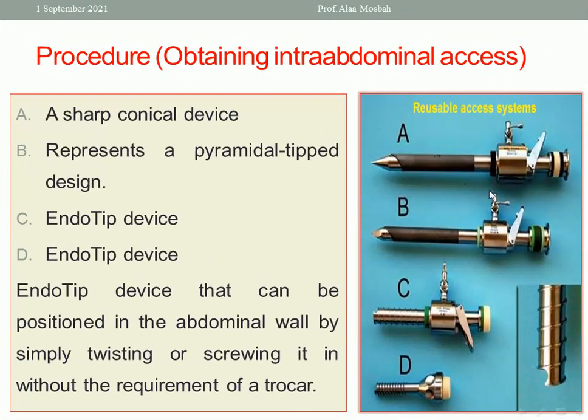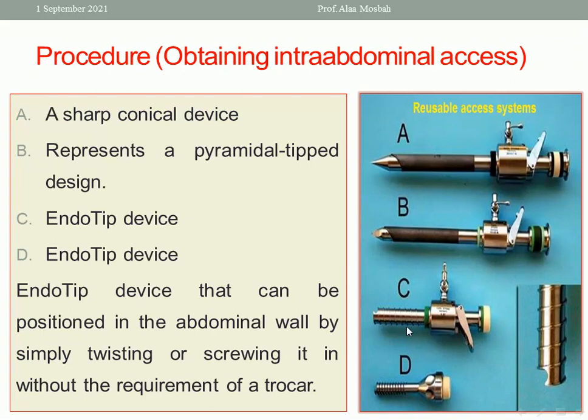Other trocars are reusable. From top to bottom, the first one is a sharp conical device. This is a pyramidal tip design, as you see, it looks like a pyramid.